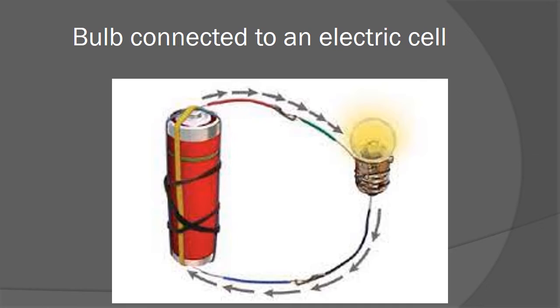The bulb will glow only when the two terminals of the bulb are connected to the two terminals of the cell and form a complete loop or path. The chemical energy is converted into electrical energy. If both the terminals of a bulb are connected to the same terminal of the cell, then the bulb will not glow.